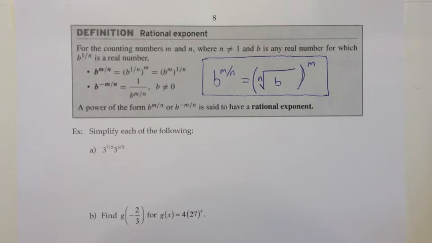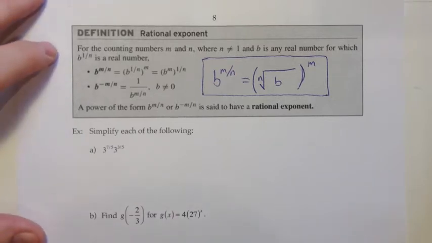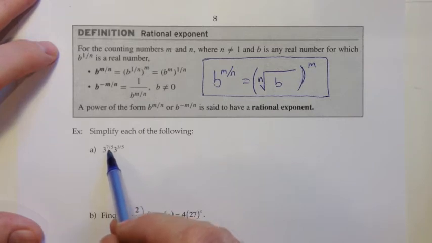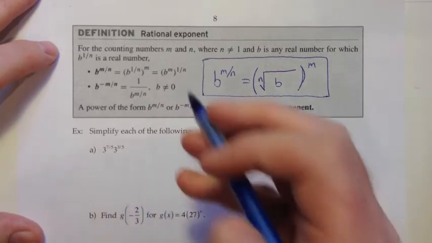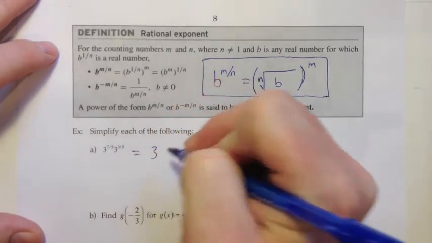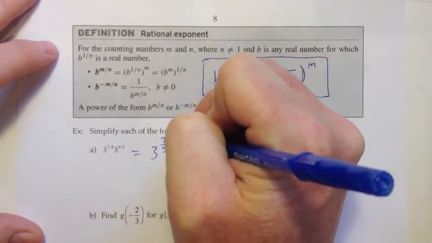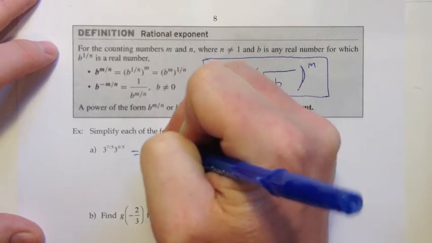Alright, moving on to some other examples. The other thing that we want to see is that all the exponent properties that we learned back in chapter 7 and then saw again in section 10.1 apply to rational exponents just like they did to integer exponents. So if you have two things with the same base multiplied together, then you can combine those by adding their exponents. So this should become 3 to the 7/5 plus 3/5.